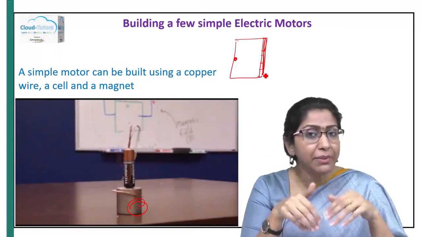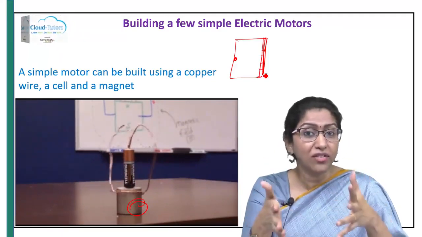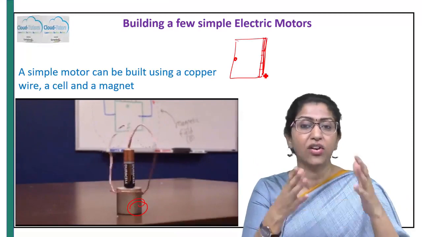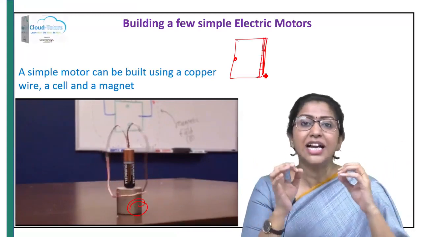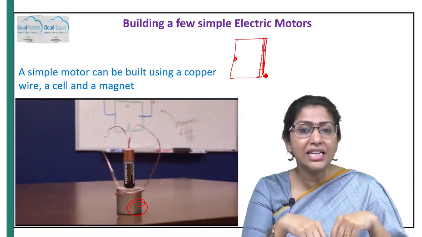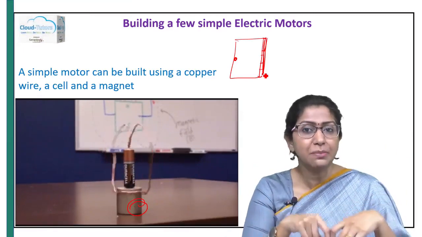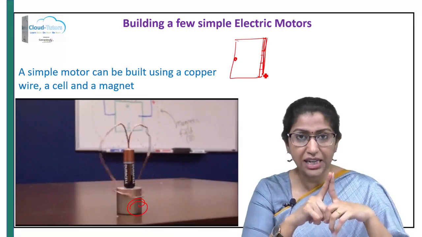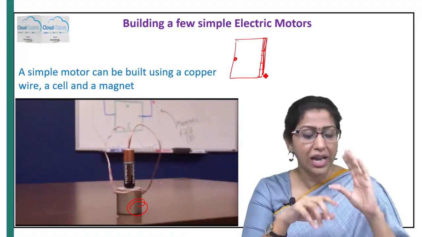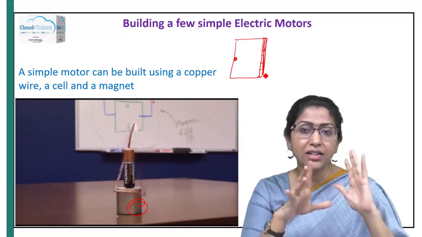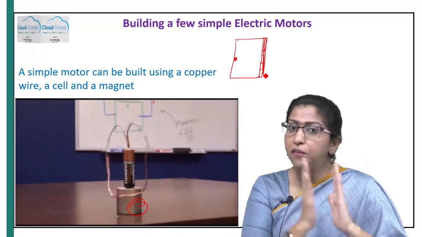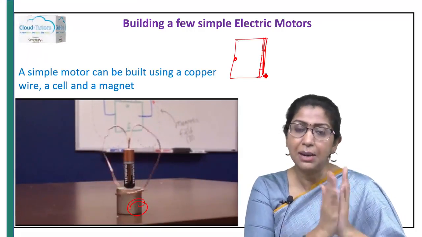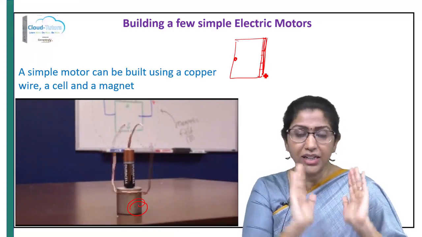Now, why am I explaining all of this when it comes to a motor or an electromagnet or interacting magnetic fields? Because I need you to understand why a rotation is produced in this particular coil that you see on the screen when we keep one electromagnet and another magnet in each other's vicinity. So we understood that there is a force acting on a conductor kept in the magnetic field of another magnet, right?